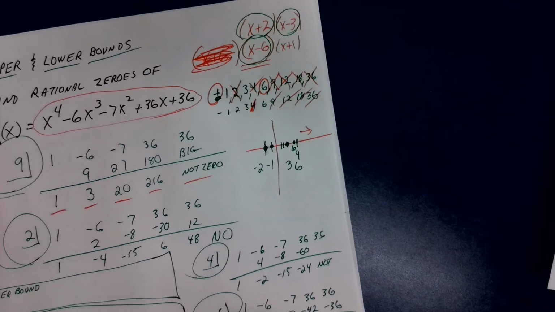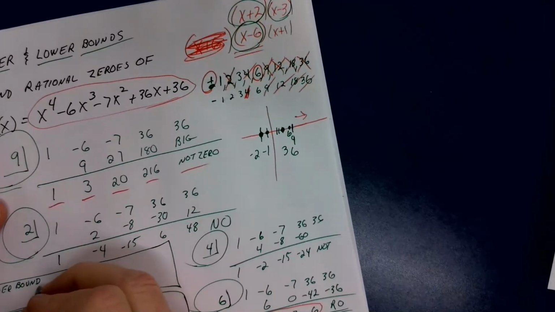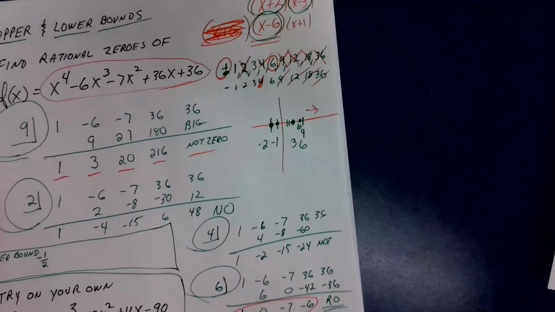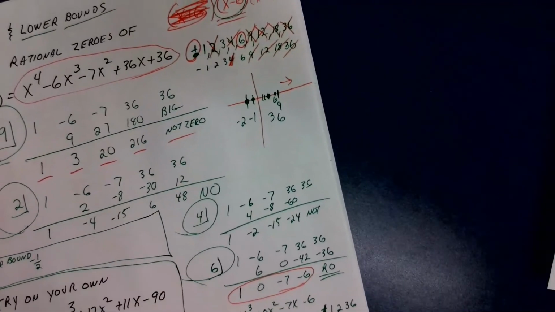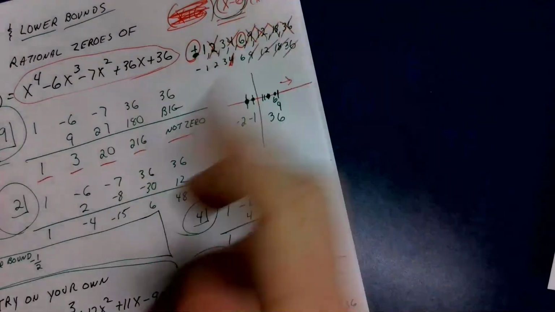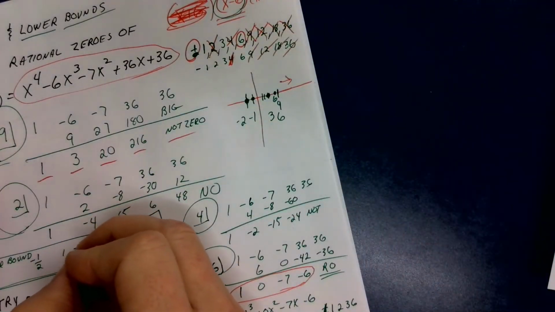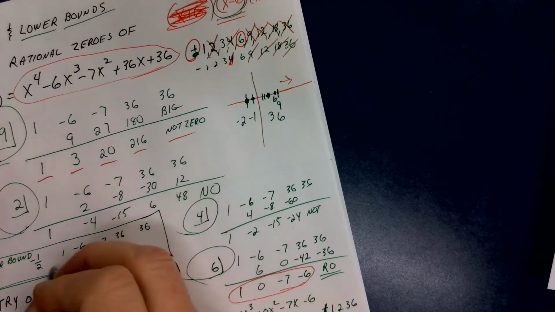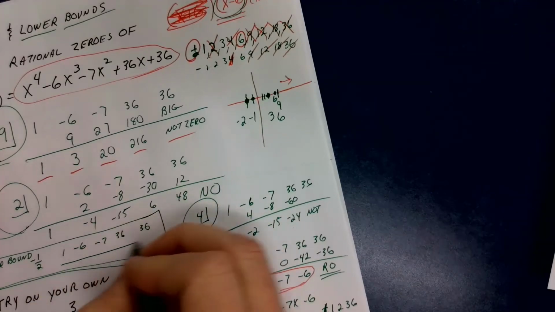I'm going to choose negative 1/2, with my numbers down here. I can even do my original one. I can do that, right? 1, negative 6, negative 7, 36, and 36. I know the math is going to be hard, but I believe in you guys.